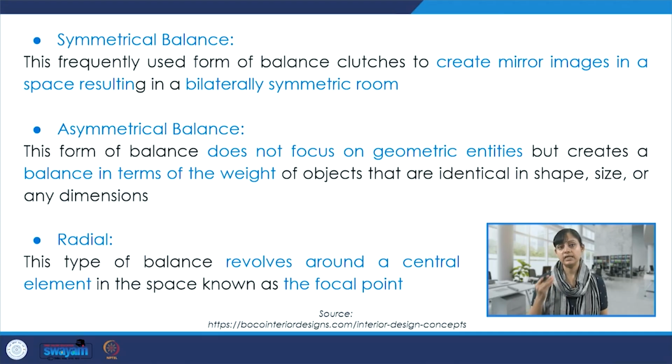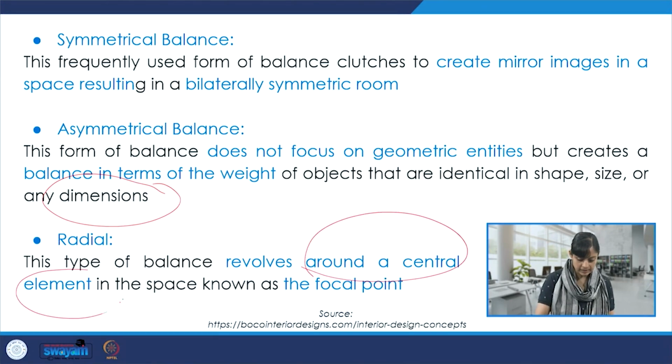And when we talk about asymmetrical balance, it does not focus on geometric entities, but there is a balance in terms of the weight of the objects, which may be identical in shape, size, or dimensions. And when we talk about radial balance, it revolves around a central element, which sort of acts as a focal point in the space.